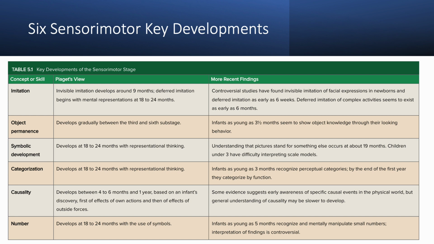There are 6 sensorimotor key developments: imitation, object permanence, symbolic development, categorization, causality, and number. Let's talk about each briefly. You will notice in Table 5.1 you have the concepts and skills, then the Piagetian view, and then more recent findings.